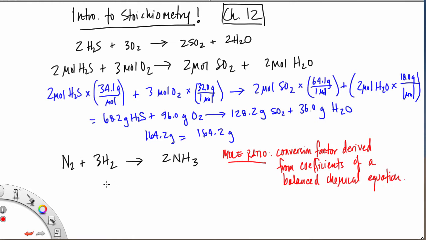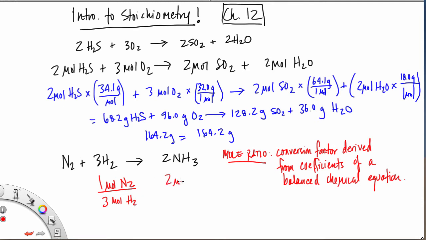So I can write several mole ratios from this balanced chemical equation. Here I can see that I have 1 mole of nitrogen for every 3 moles of hydrogen. That is 1 mole ratio.